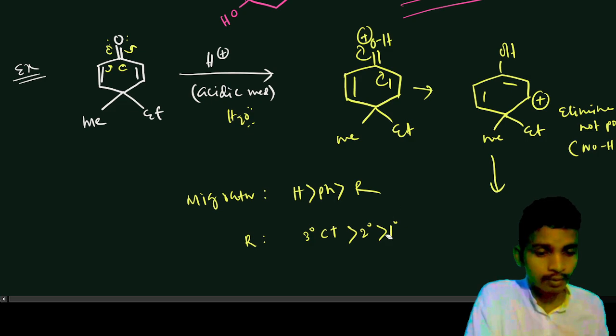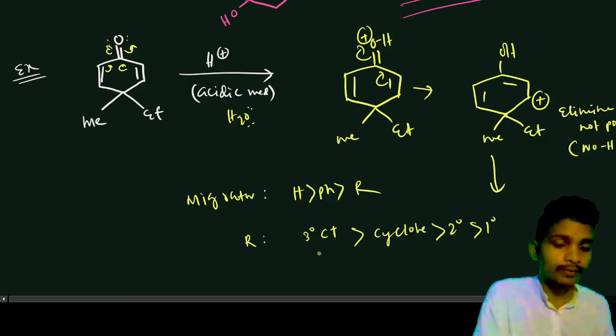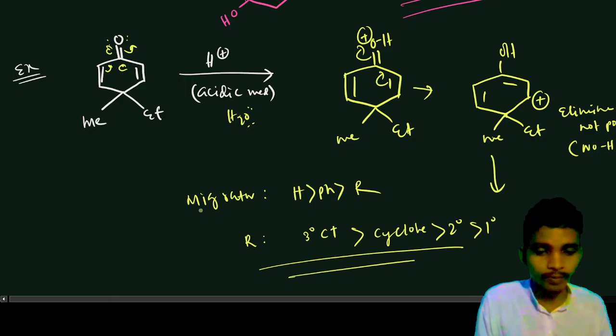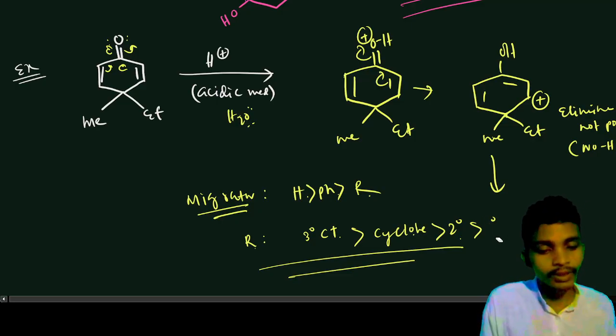Or we can write 3 degree, then if we have cyclohexyl groups, then 2 degree, then 1 degree. Okay, so this is the migratory aptitude: hydrogen, phenyl, then alkyl groups. For alkyl groups, 3 degree first, then cyclohexyl, then 2 degree, then 1 degree. Okay, so this is about that.